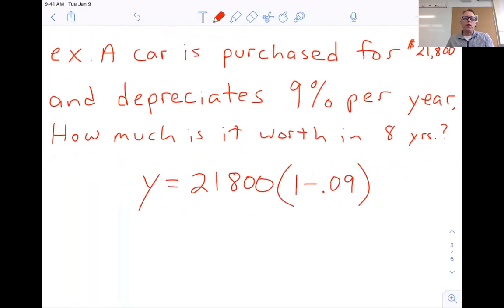Okay, better known as 0.91. So I'm going to write this. We are all mathematicians here. I'm going to write that as 0.91, which really kind of means it has 91% of its value, and for 8 years.